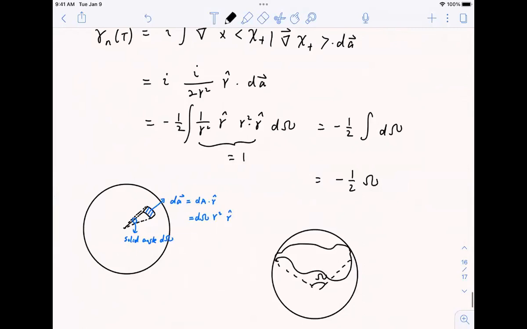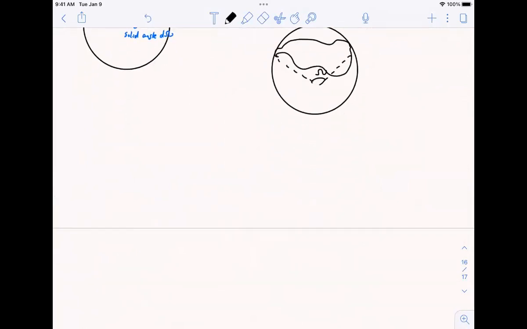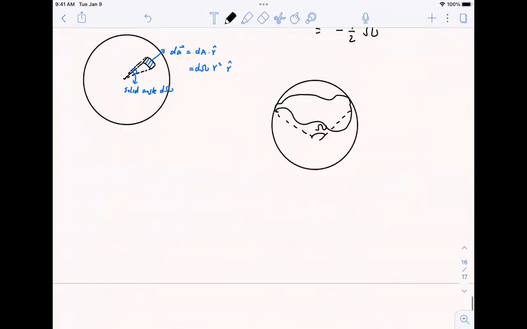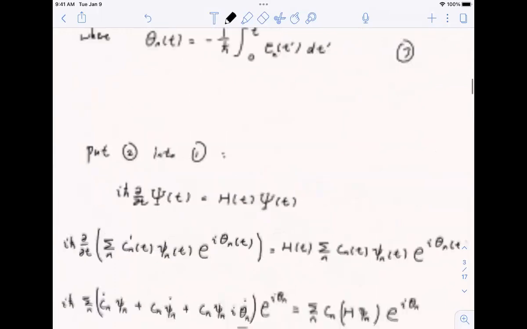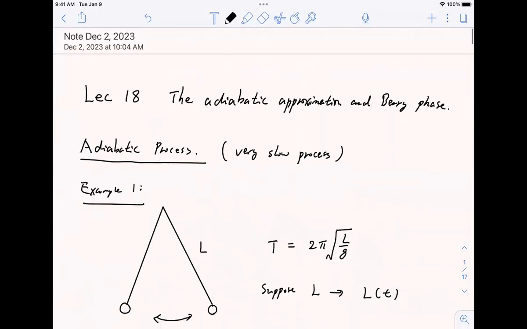And what I'm talking to you today is on section 10 of the book by David Griffiths, Introduction to Quantum Mechanics.